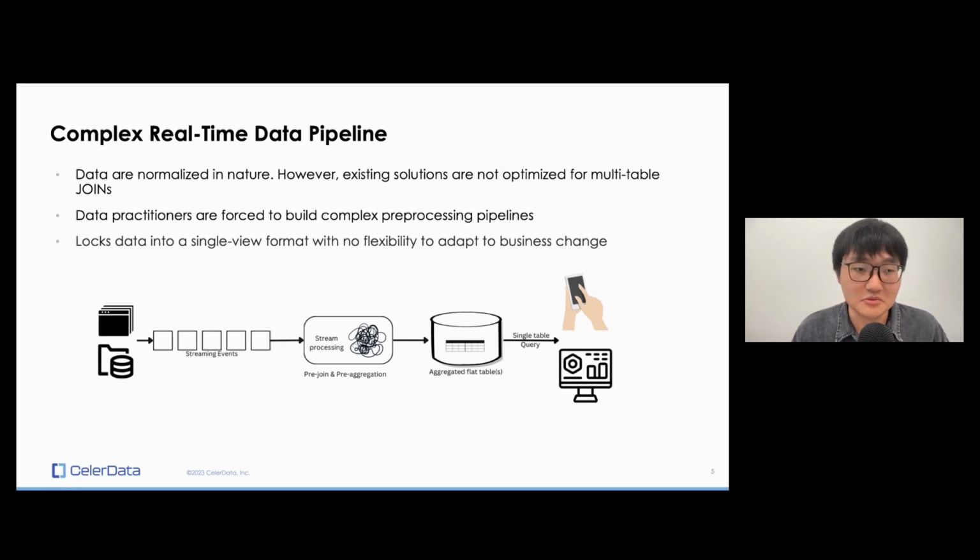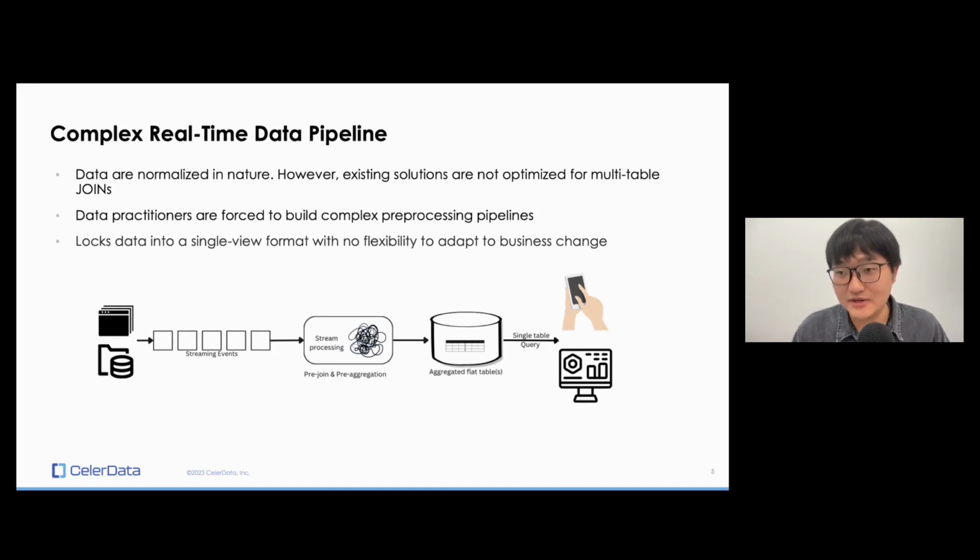So they needed to denormalize everything into big flat tables. And because it's a metric platform, it stores thousands of metrics. Changing a metric or adding a metric is not really a big ask, right? But with the denormalization pipeline, it's really a big ask, because reconfiguring the pipeline and backfilling the data can take somewhere from hours to even days, right?